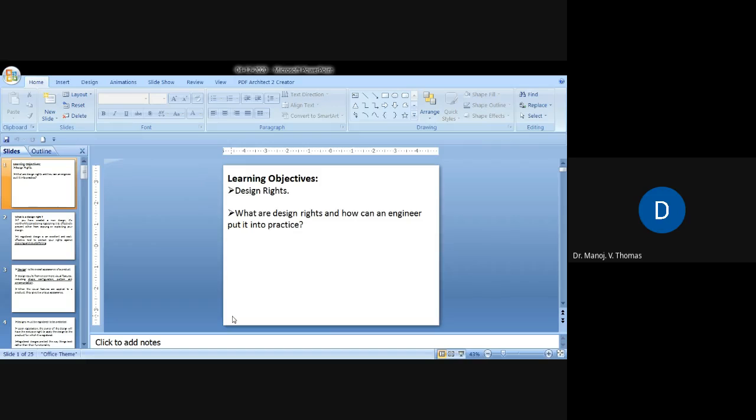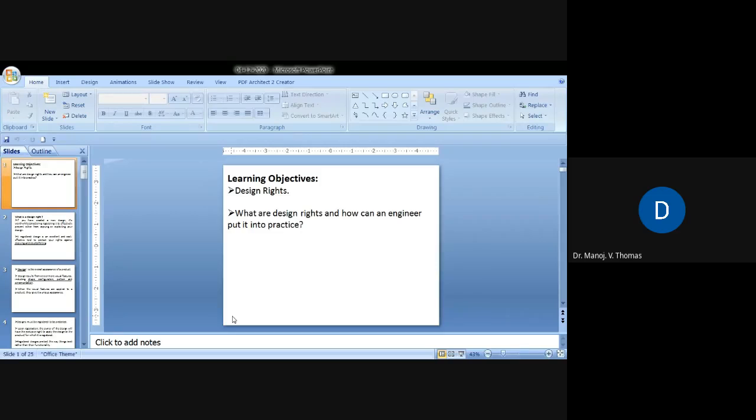Because you have put a lot of research into that design, and finally you have made a design which is quite attractive and ergonomic. Then how will you prevent others from copying or making unwanted advantage of your design, right? So that is the design rights.